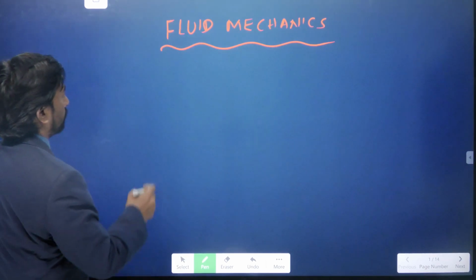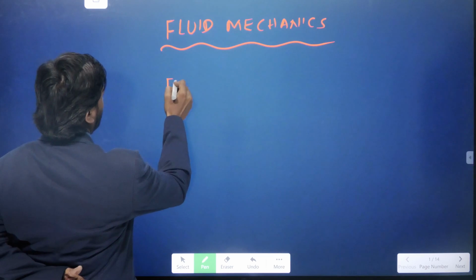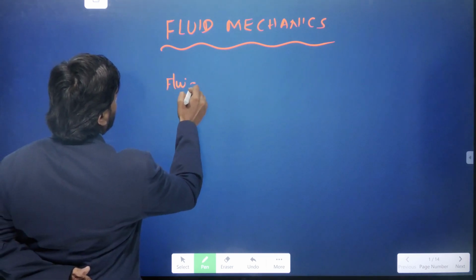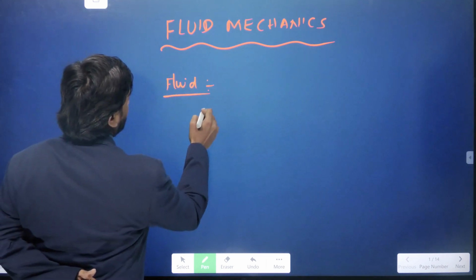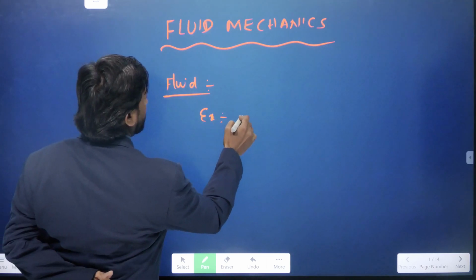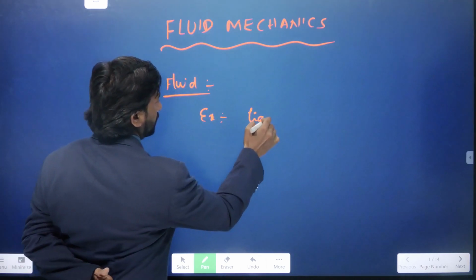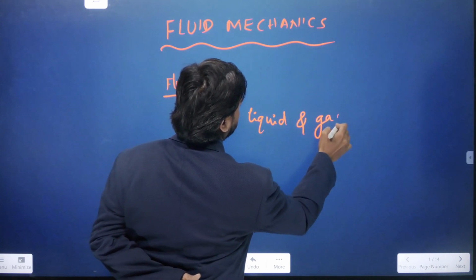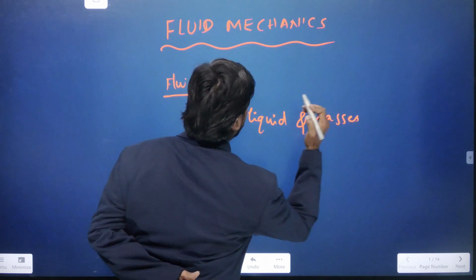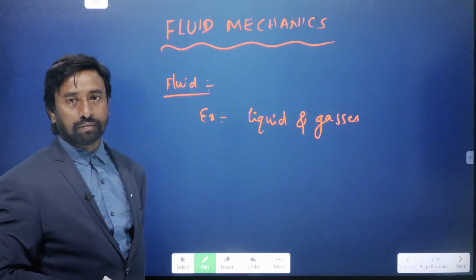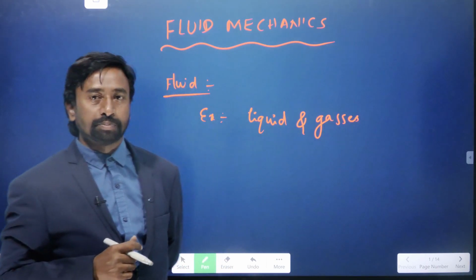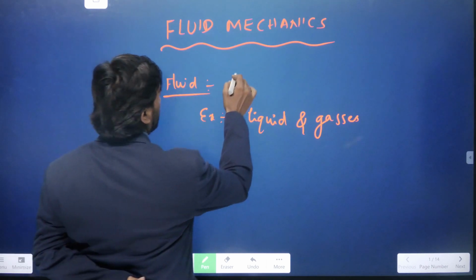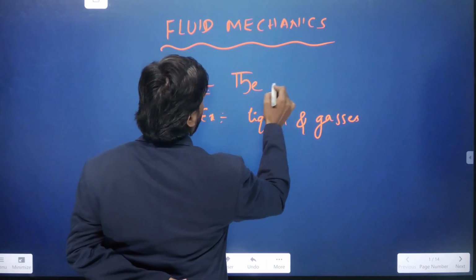We have two types of fluids. Examples of the fluids are liquids and gases. First of all, what is a fluid? A fluid is a substance which can flow.